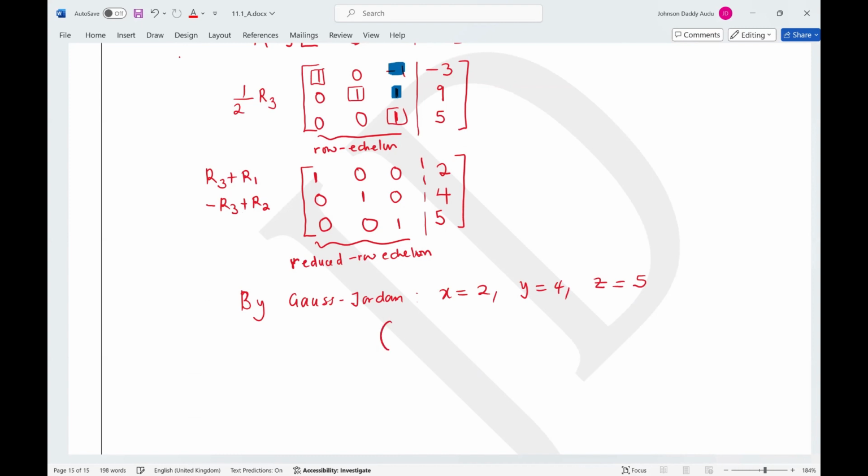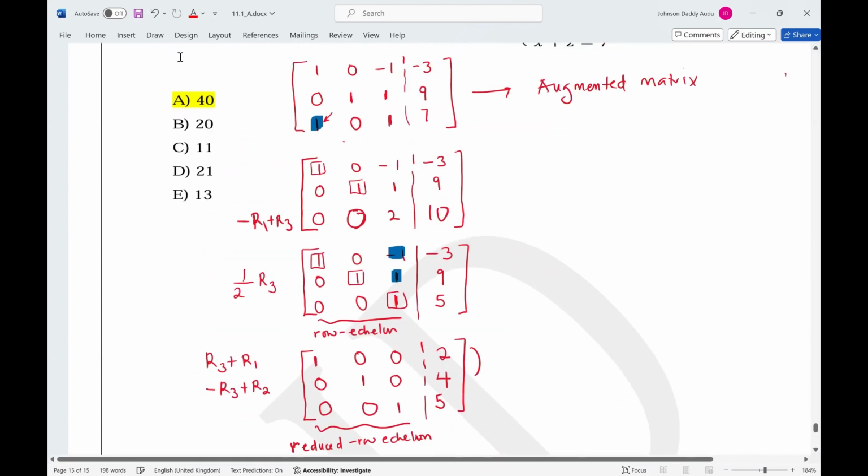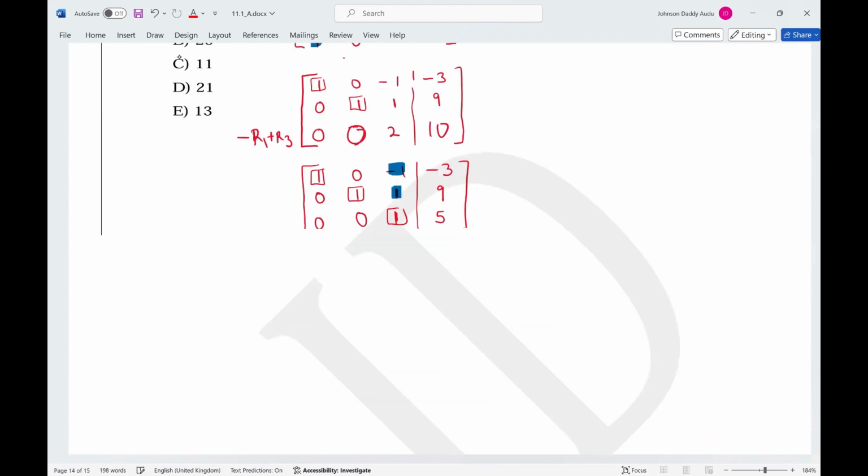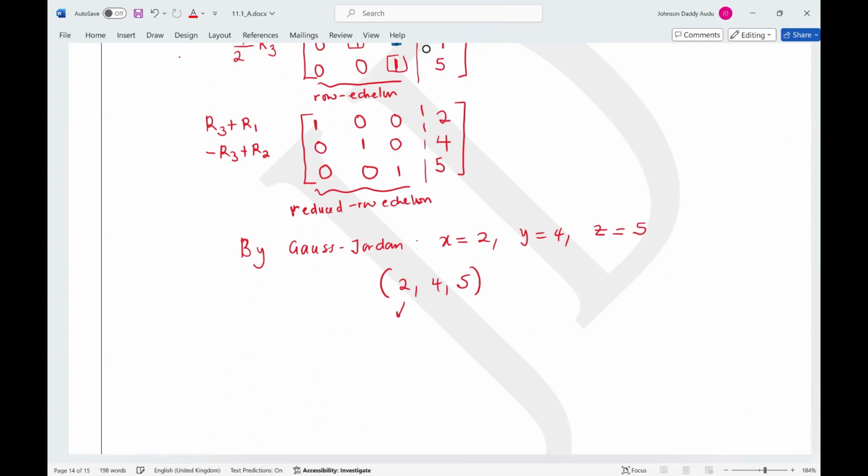So the solution set is 2, 4, and 5. And now if you look at it, the solution is actually u, v, w, according to what they said, and you need the product. So you take this as your u, this as your v, this as the w. So therefore uvw is simply 2 times 4 times 5. And this should give us 40.